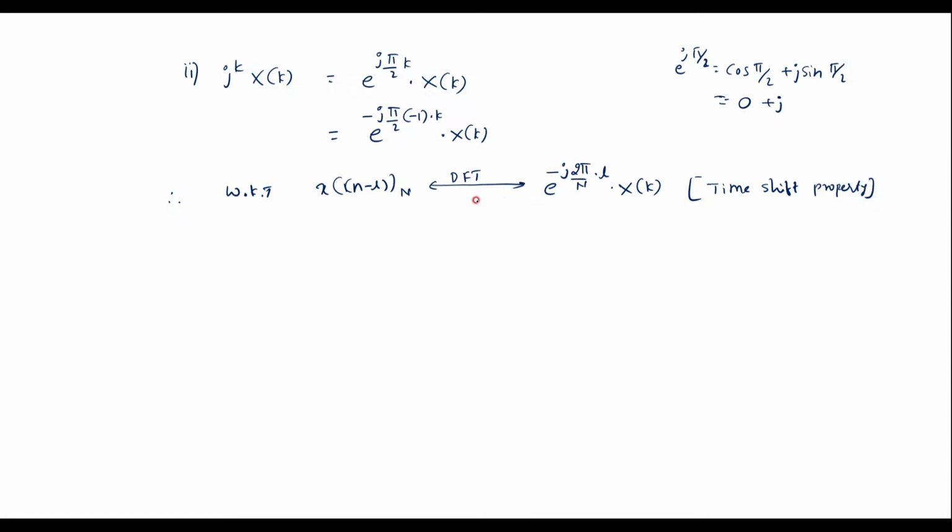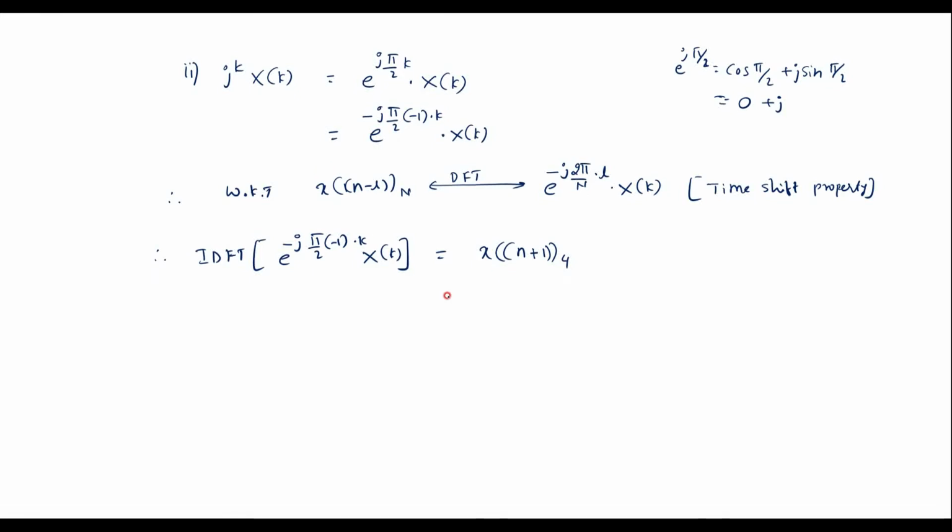It means that IDFT of e power minus j 2 pi by n into l x of k is nothing but x of n minus l. Therefore now I can write IDFT of e power minus j pi by 2 into minus 1 into k x of k is equal to x of n minus 1, that is nothing but n plus 1 of 4, because here n is equal to 4.